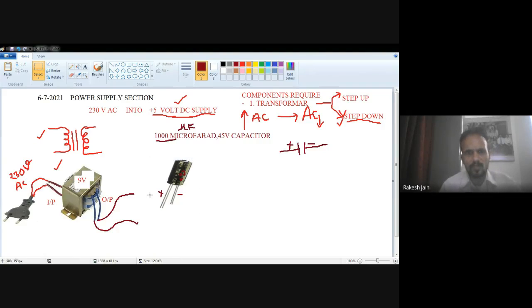So this plus terminal is connected with this one, and the minus terminal is connected with this one. Or we can move it a little bit so that there will be no problem. Now see. This upper side should be connected with the plus and the lower side should be connected with the minus.